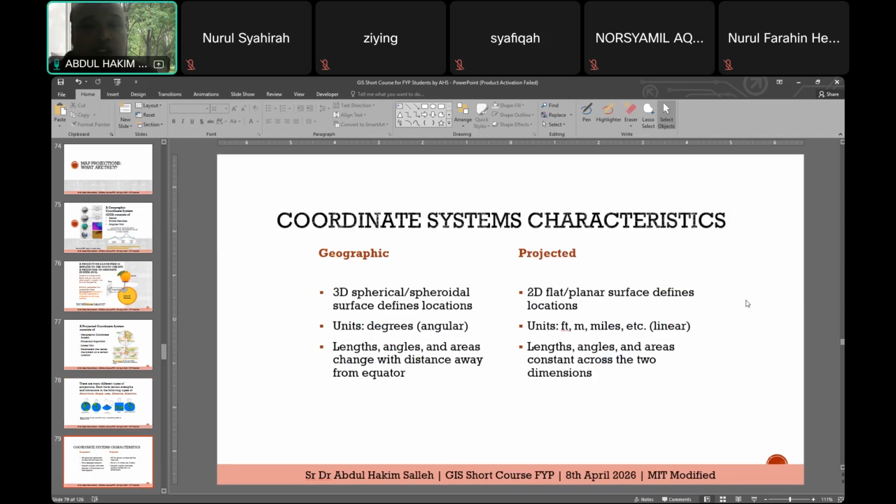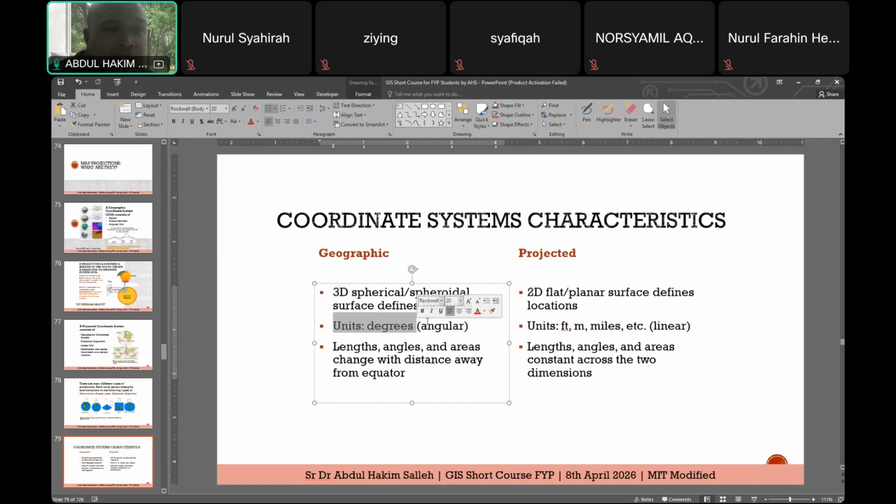Okay? Now, coordinate system characteristics. There are two types of coordinate systems. First is the geographic coordinate system. The second one is the projected coordinate system. Geographic is on a 3D sphere. The units are degrees, latitude and longitude, and the lines, angles, and areas change with distance away from the equator.